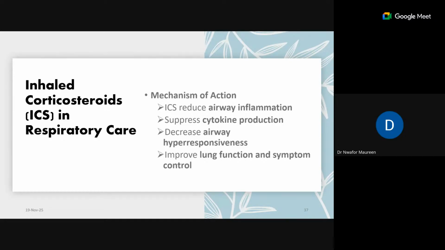We use them for long-term therapy though. They inhibit the release of arachidonic acid through phospholipase inhibition, thereby producing direct anti-inflammatory properties in the airways. They are very, very important in managing respiratory disorders.